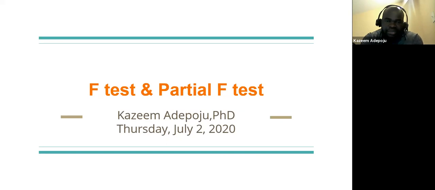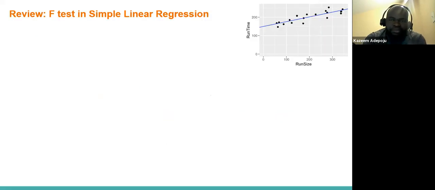I want us to start with a simple linear regression. We actually want to look at the F test in simple linear regression. I want to make use of the data set that we used before that has to do with the run time and the run size.